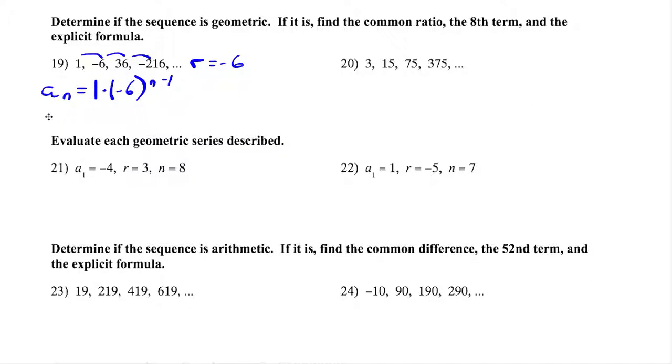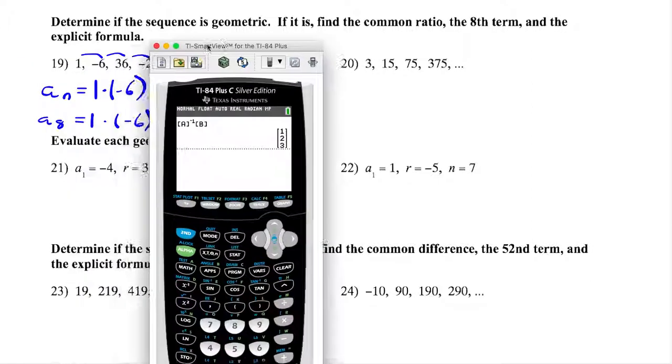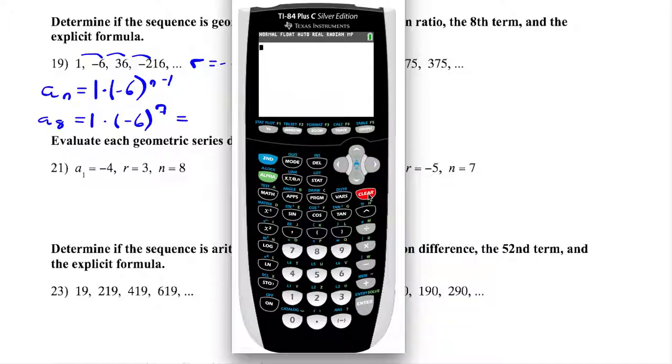So if we want to find the 8th term, this is 1 times -6 to the 7th. So why don't we use our calculator again for that? We have it here anyway. So this is 1 times -6 to the 7th power.